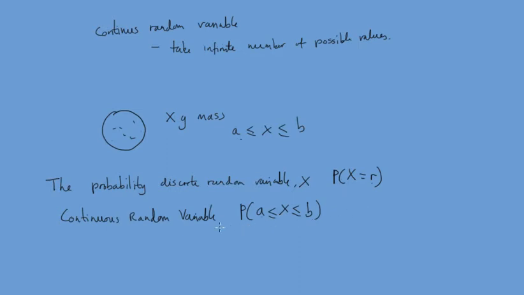And to study the probability distribution of continuous random variables, we're going to be graphing them. So we want to find a representation of the probability distribution.